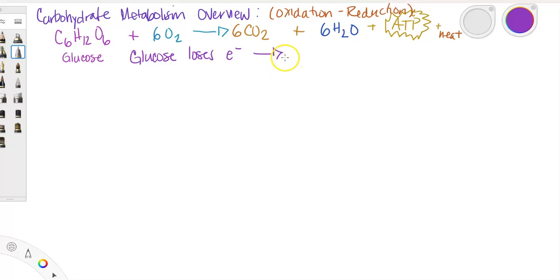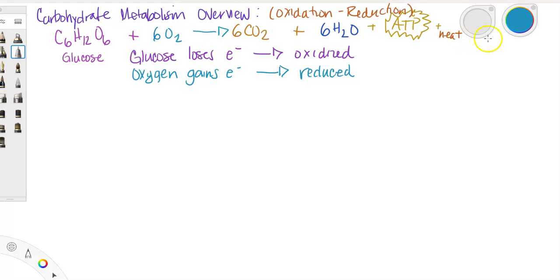That means it has been oxidized. The oxygen gains electrons, or an electron, and therefore we say that it has been reduced.